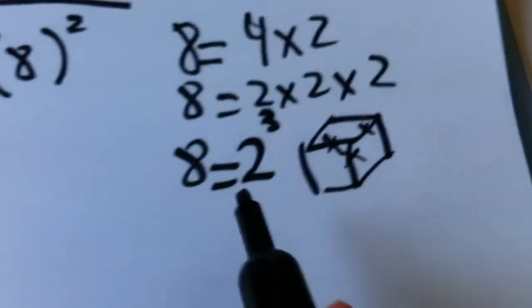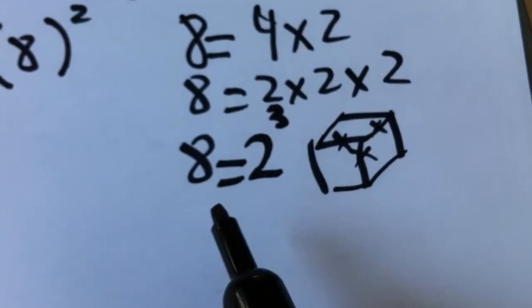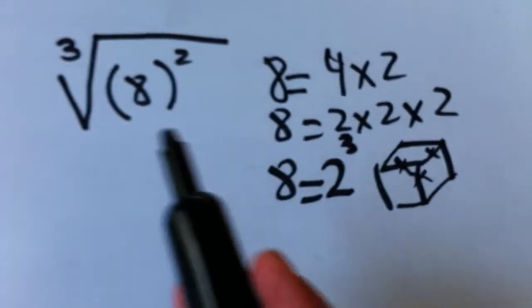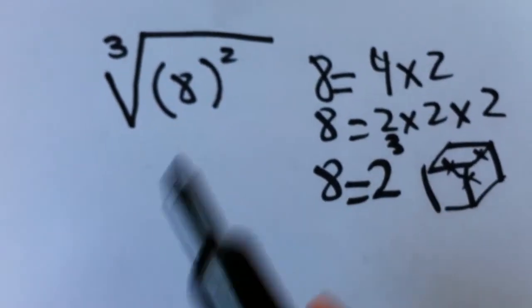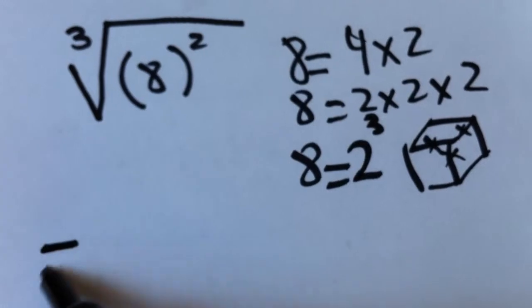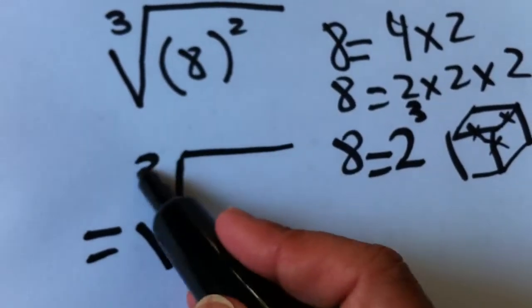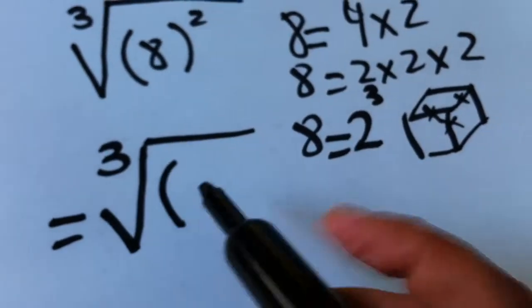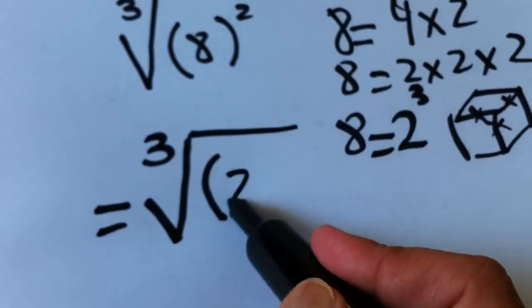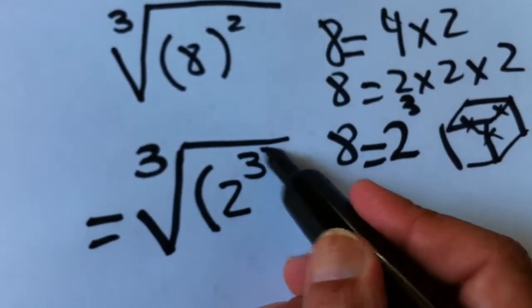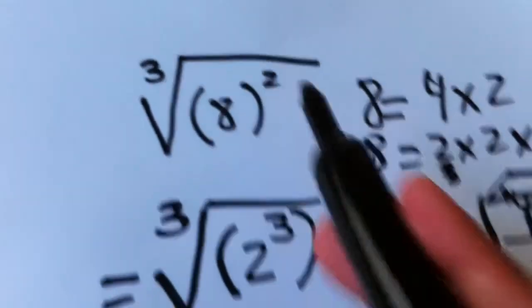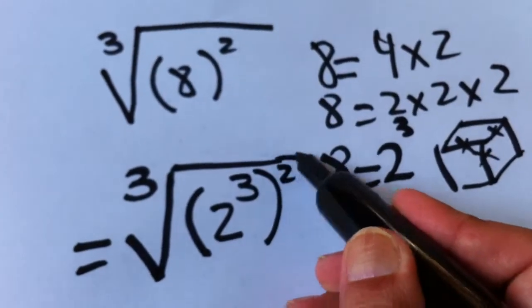So now that we know this fact, we want to apply it and try to simplify our expression here. The 3 we will keep here. For 8 we will write 2 to the third power, and then we still have that 2 here, so we'll just leave it there.